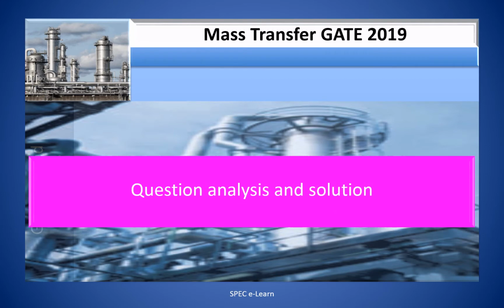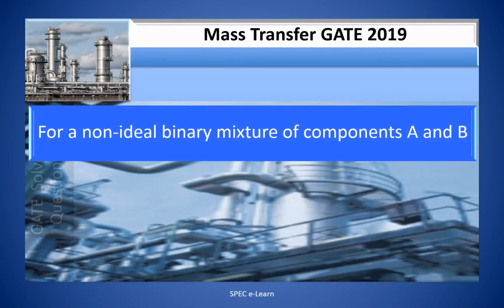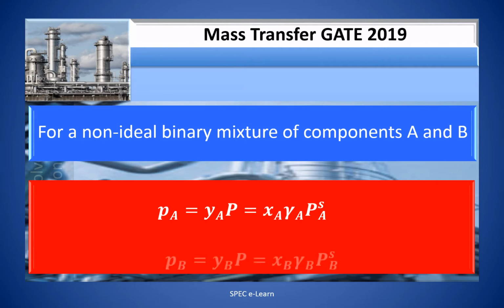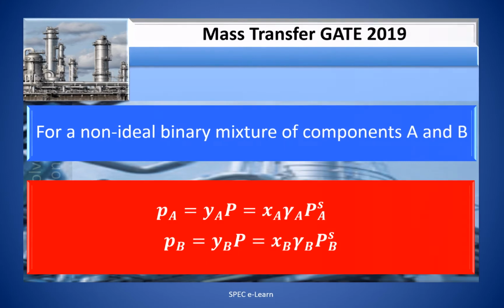Question analysis and solution. For a non-ideal binary mixture of components A and B, we can write PA is equal to YA into capital P, which is equal to XA, gamma A, PSA. For component B, we can write PB equal to YB into capital P, which is equal to XB into gamma B into PSB.